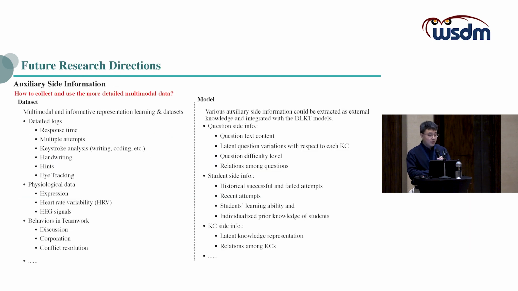About the future research directions, the first one is about the dataset setting. The question we need to answer is how to collect and use more detailed multimodal datasets. For the dataset, how do we collect more data, such as response time, handwriting, and other tracking of the student during the assessment. For the model, how do we add this information to other models, such as the concept of the question.